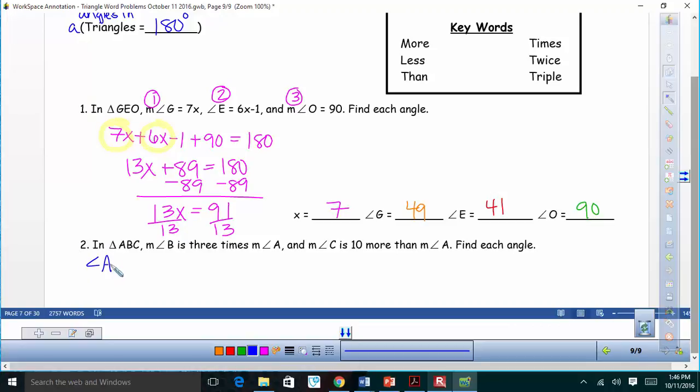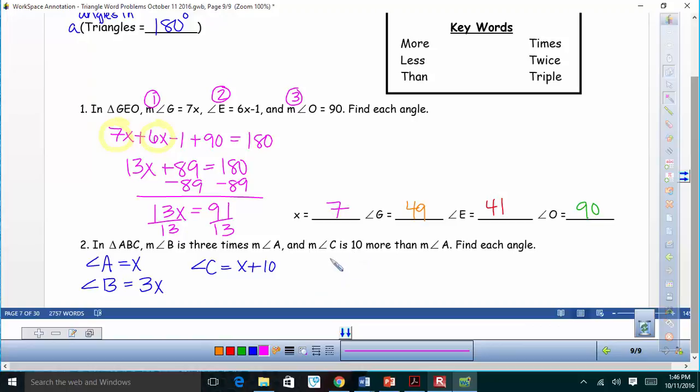So angle A, we're going to let be x, and then we set the other ones up around it. So measure B is 3 times x, so 3x. And then we have angle C is 10 more than x, so that would be x plus 10.